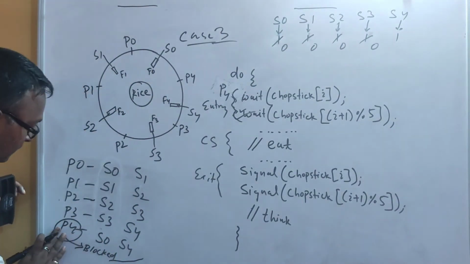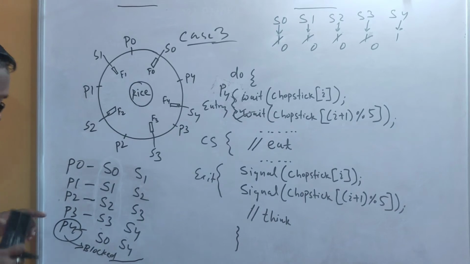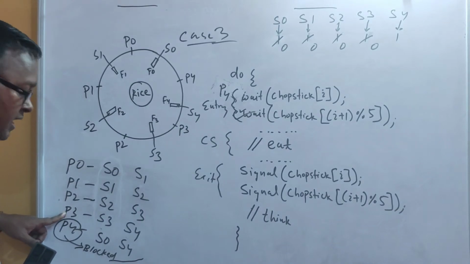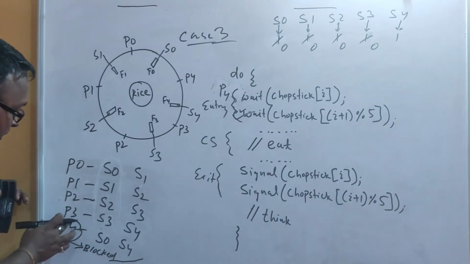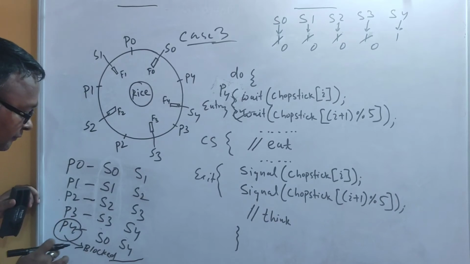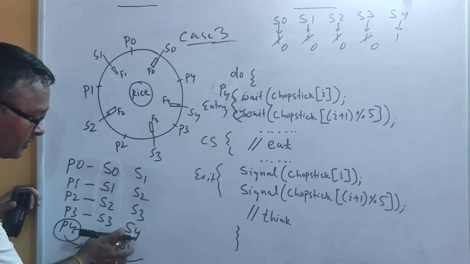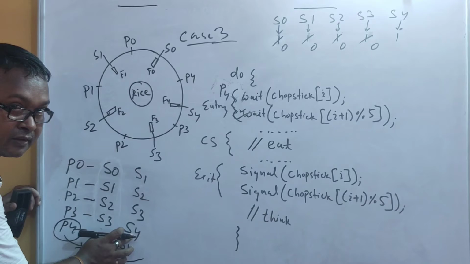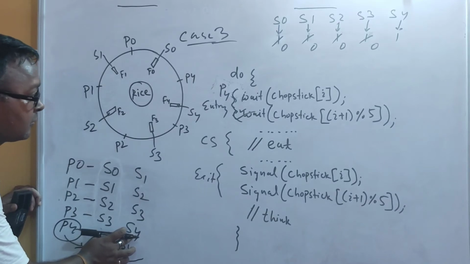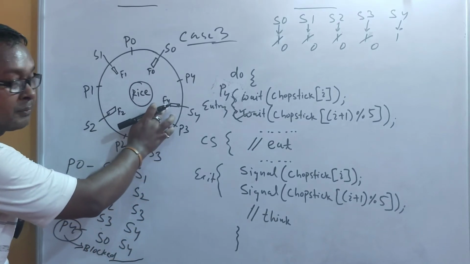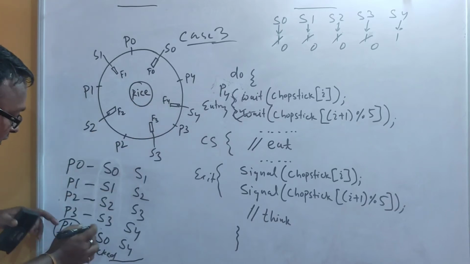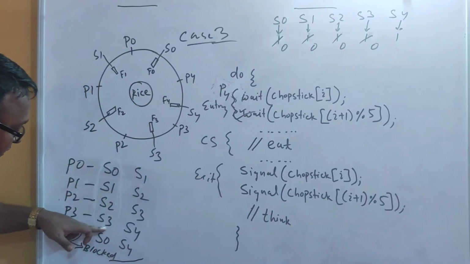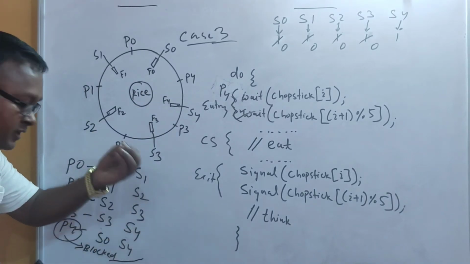So how? See, P4 got blocked. Now P3 wants to execute. What was the deficiency of P3? It could not access semaphore S4, it could not access the fork F4. Right now P3 has already executed S3, the left hand side fork is already there.